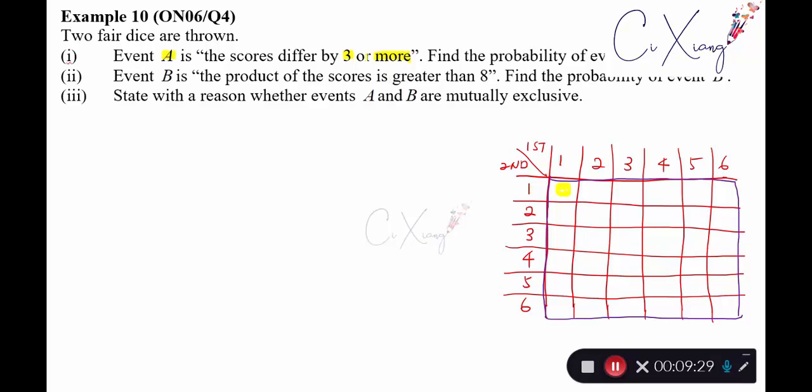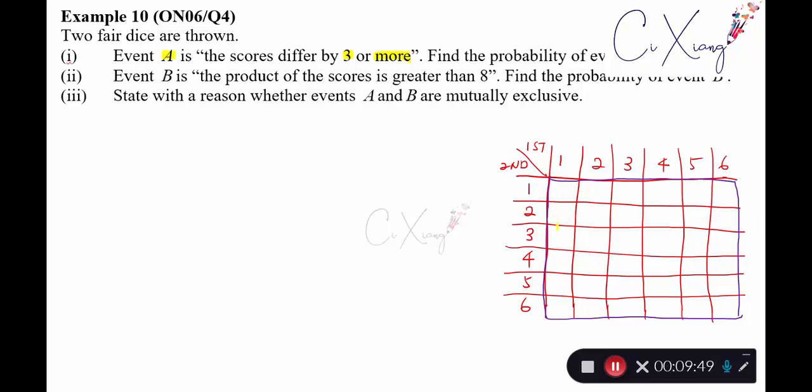So it does not belong to event A, so I will just leave it blank. You check cell by cell. For this cell, when you take 1 minus 2 or 2 minus 1, you'll see that the value is not 3 or more. Therefore, this is also not the cell that I want, so it does not belong to event A.